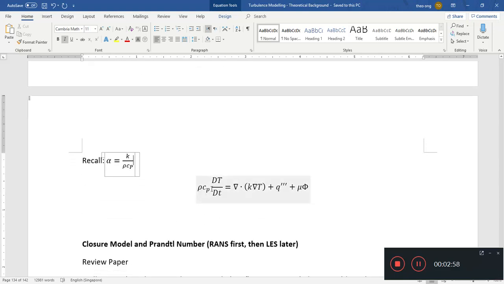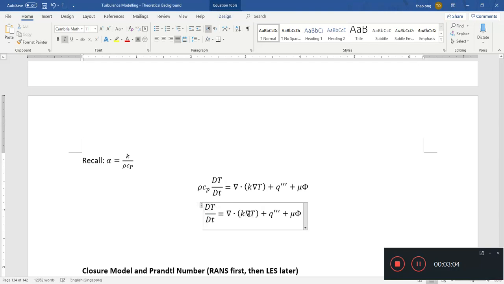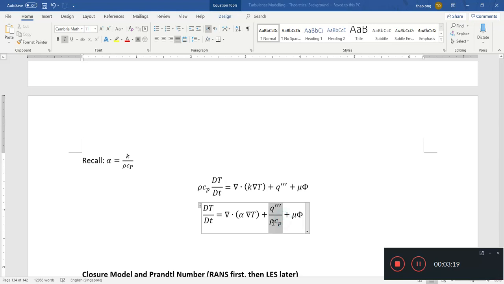So we can divide throughout by rho Cp, and then we can put alpha in here. This one you divide over rho Cp here, and likewise for the last term as well.